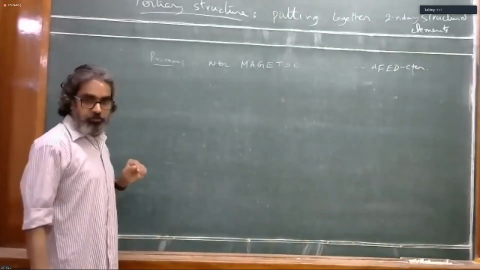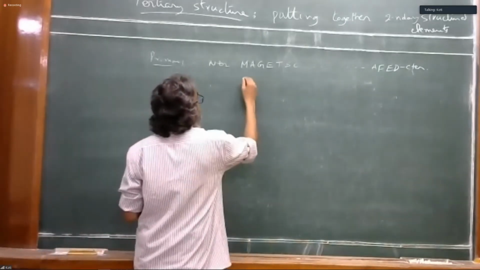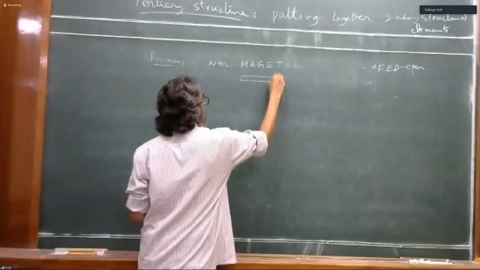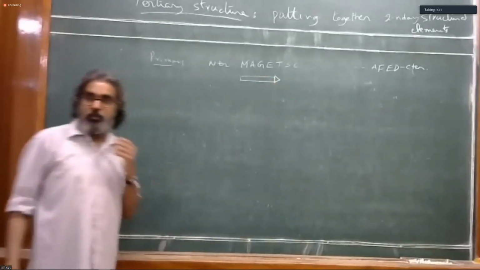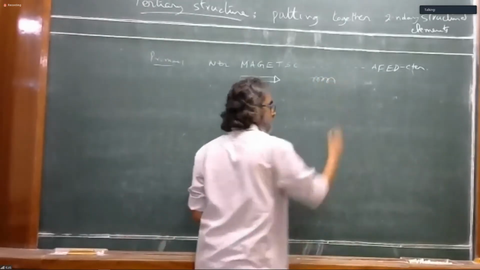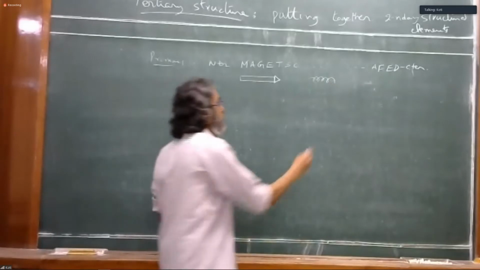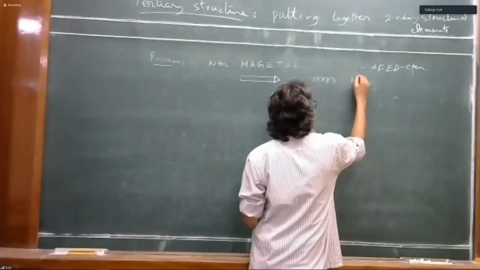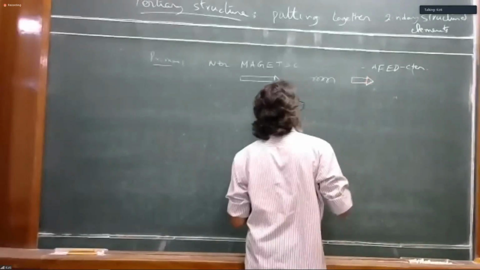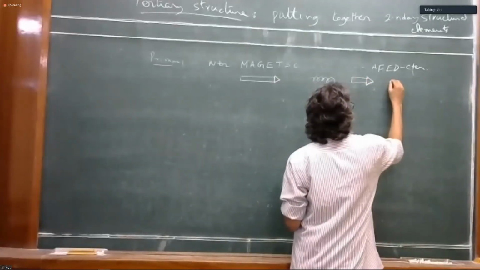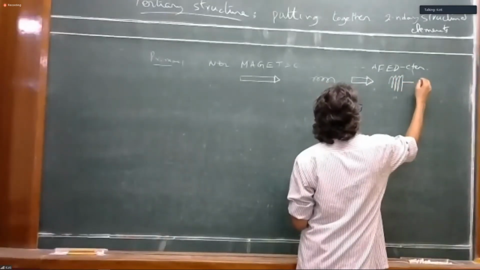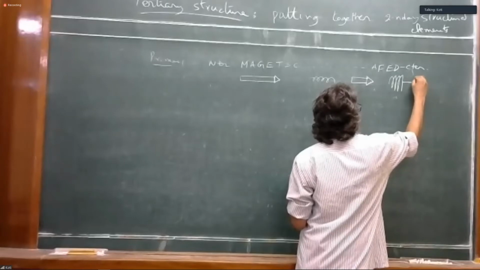Now imagine this short stretch forms a beta strand, and then this short stretch forms an alpha helix, and then this short stretch might form another beta strand, and then maybe another helix.